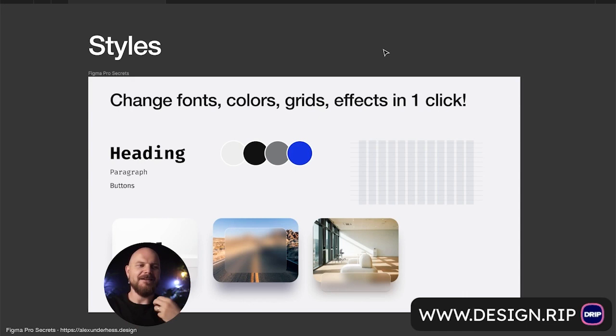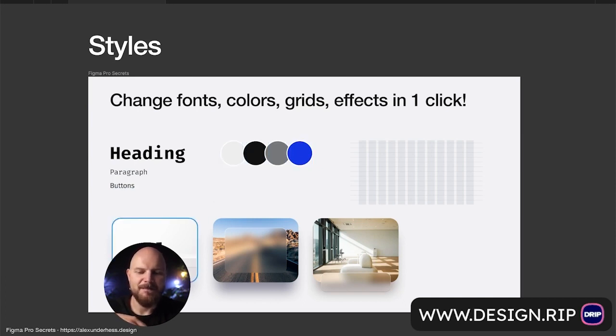Well, you can create styles in Figma for multiple things: for typography, for colors, for grids, and also for effects. How does it work? You see here the example. We have the typography, a really simple, small style guide. Then we have the color system.